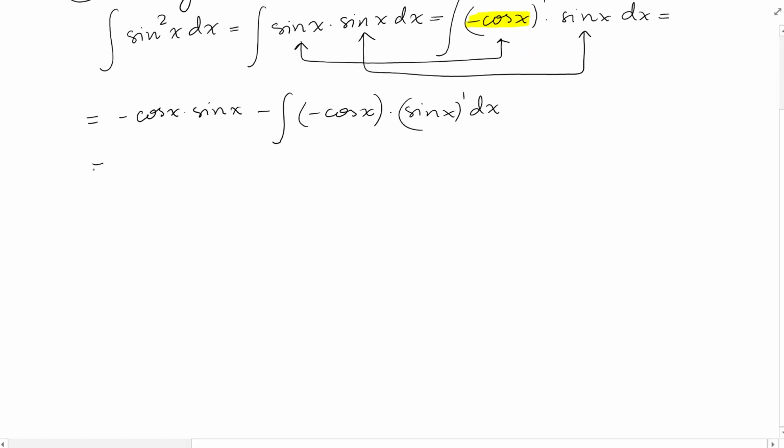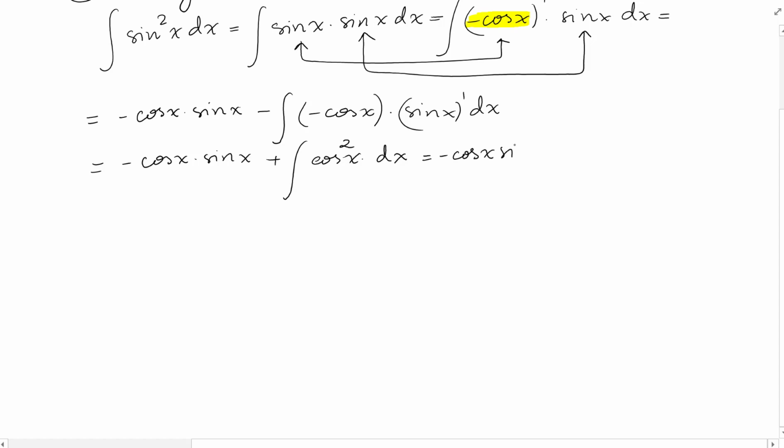That equals negative cosine of x times sine of x plus the integral of cosine of x times the derivative of sine of x, which is cosine of x, so that makes it cosine squared of x.